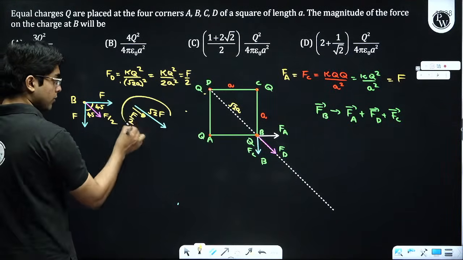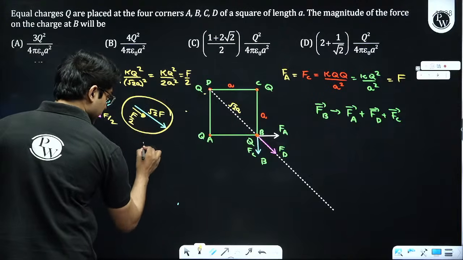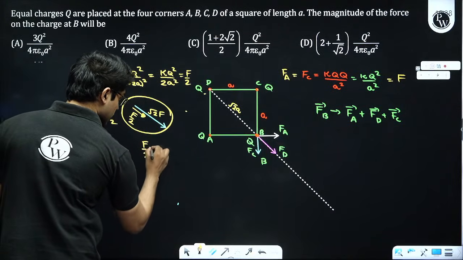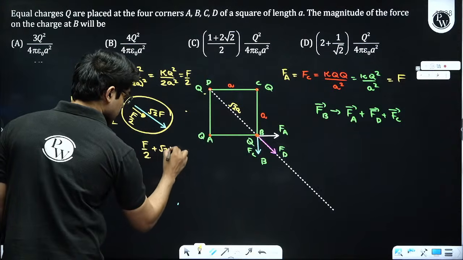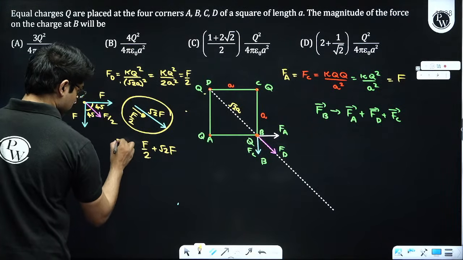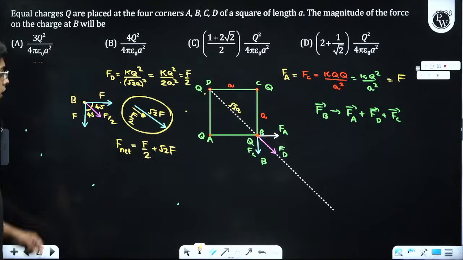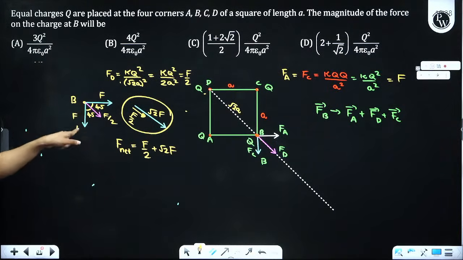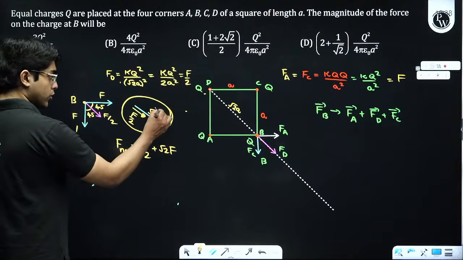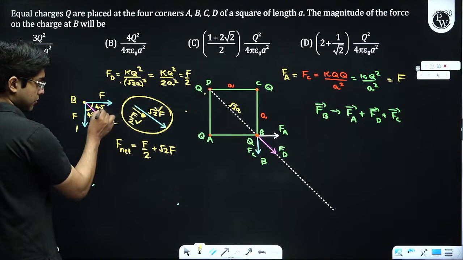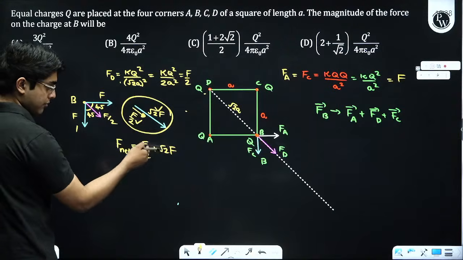What is the sum now? The sum will be F by 2 plus root 2F. This will be the total force, F net. These two blue vectors will result in a root 2F along this purple line. That root 2F plus the original F by 2 will be root 2F plus F by 2.